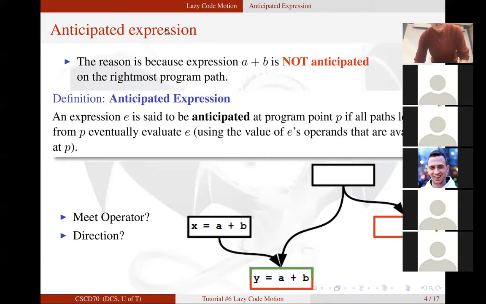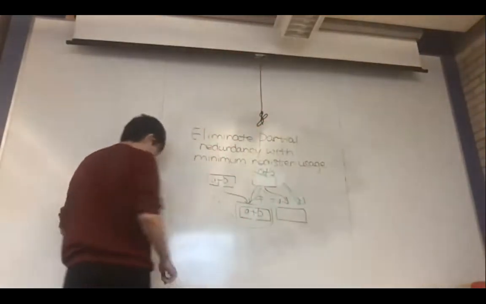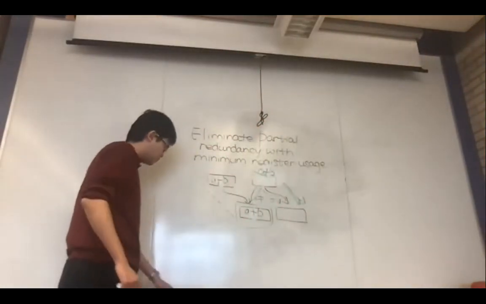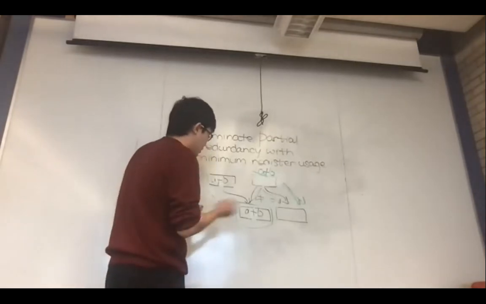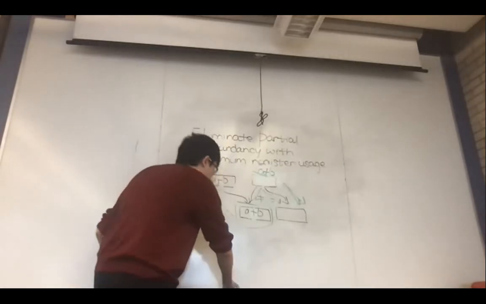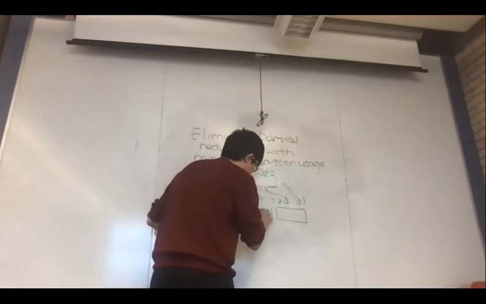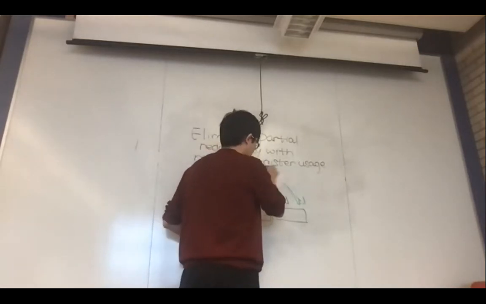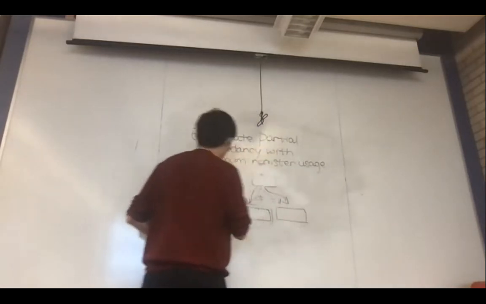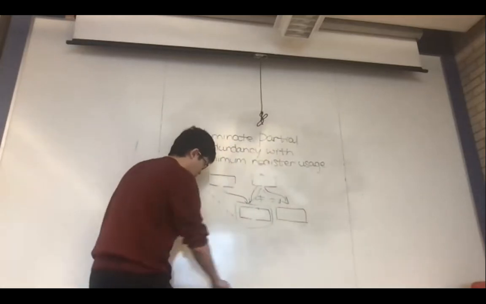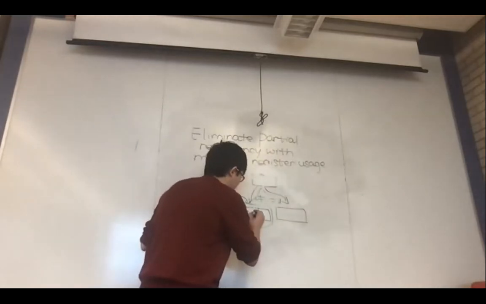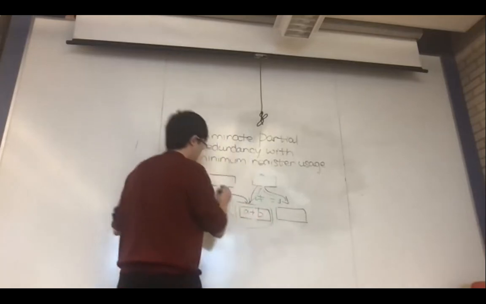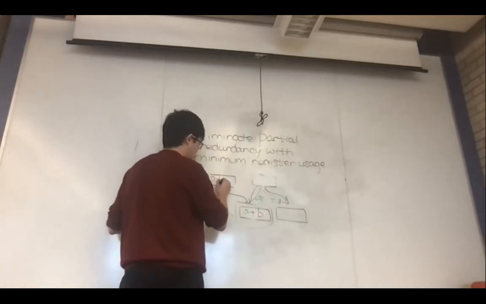So let me just switch back to the whiteboard and show the anticipated expression analysis here. So let us go back to what we have. Assume that we have expression a plus b here, and expression a plus b here.